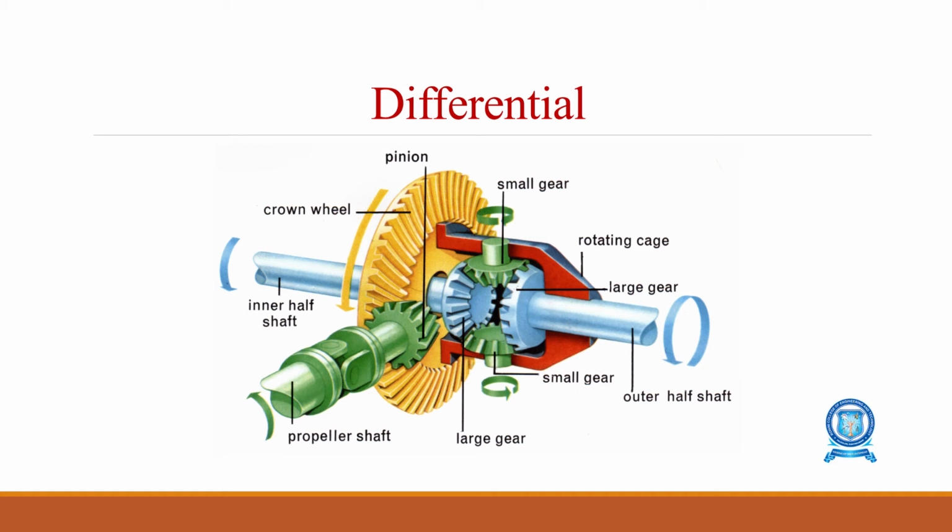In order to make a turn in a smooth, perfect way, the wheel which is following the inner radius will have to move a smaller distance, and the wheel traveling in the outer radius will have to move a larger distance at the same time, so the inner circle wheel has to rotate slower compared to the wheel rotating in the outer circle.